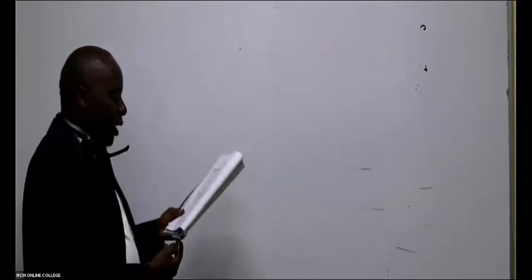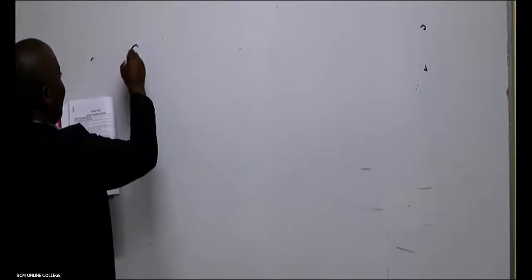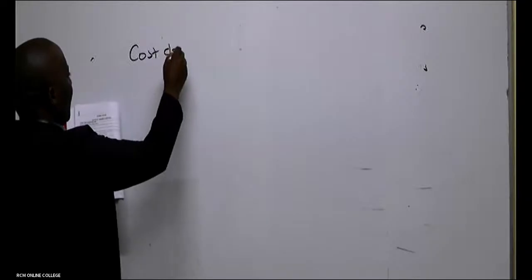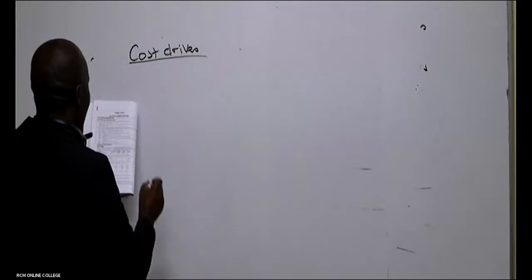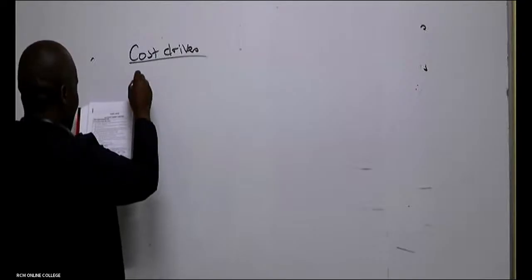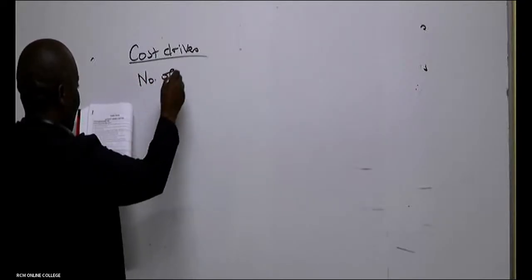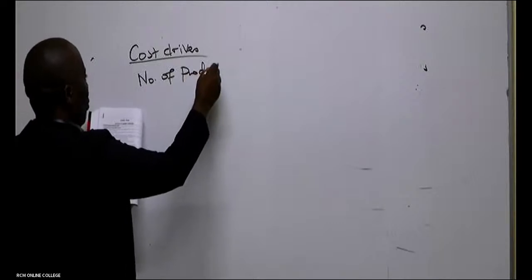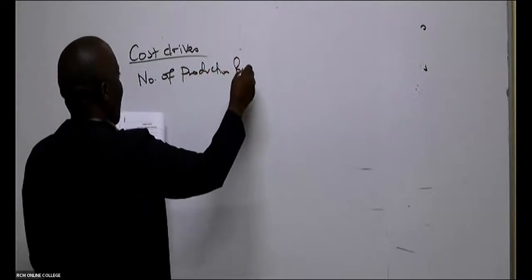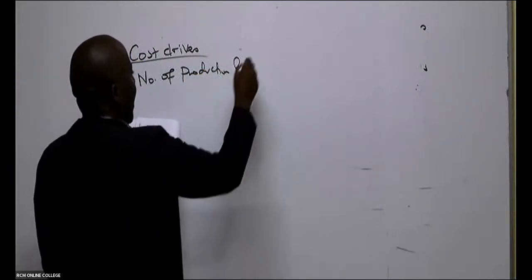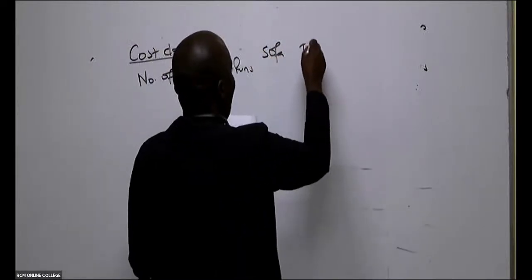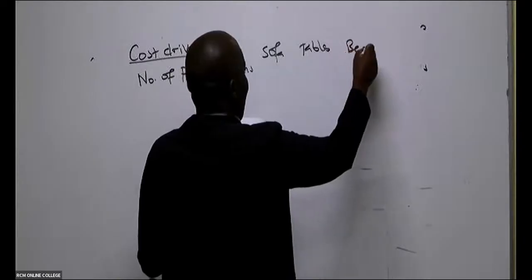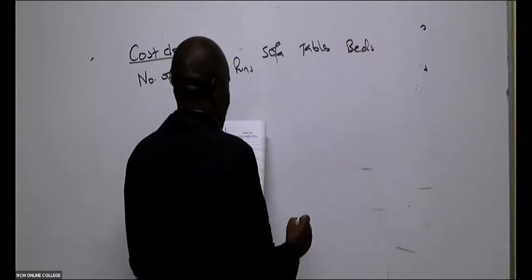So we have here cost drivers. Number 1, number of production runs, where we have the sofa, tables, beds, and total.